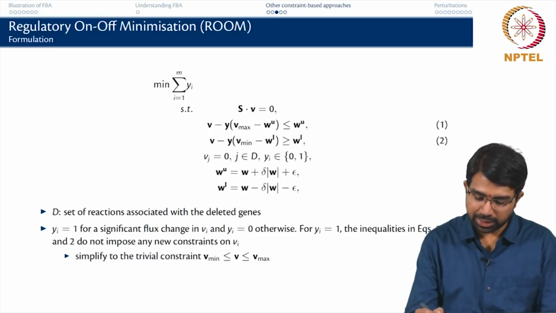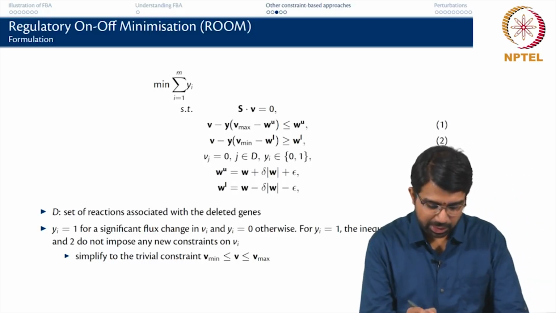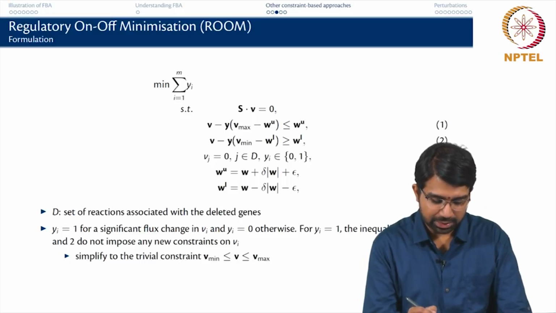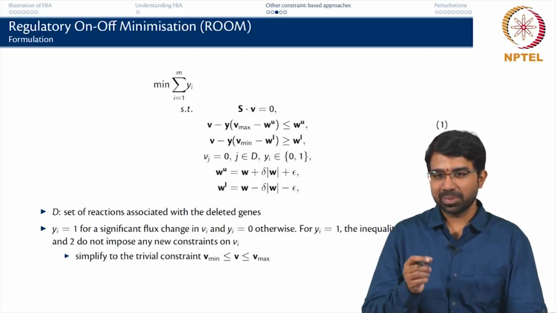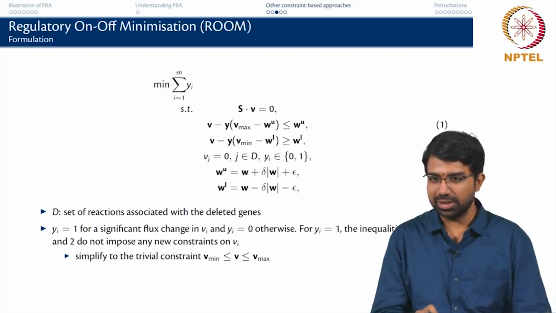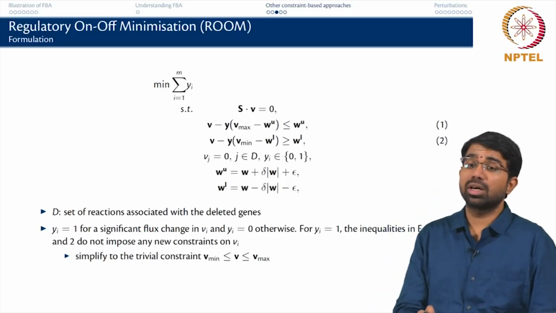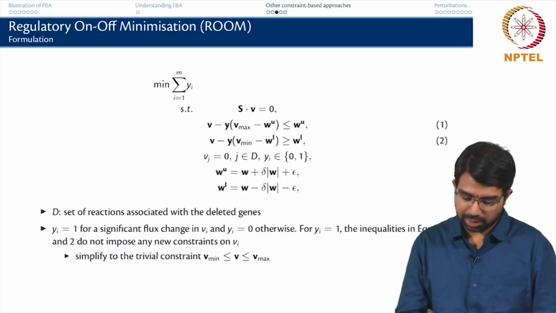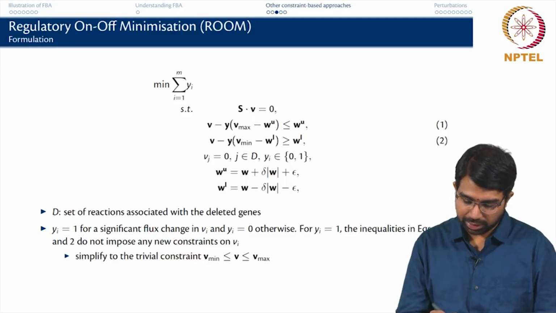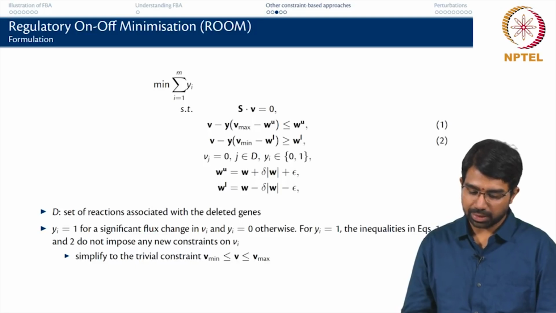So, if you basically ignore these, let us just say that delta is 0, epsilon is 0, that would be a very strict kind of condition, right, saying I am not tolerating any flux change. So, if you say delta is 0, epsilon is 0, then W and WL are both W, right.